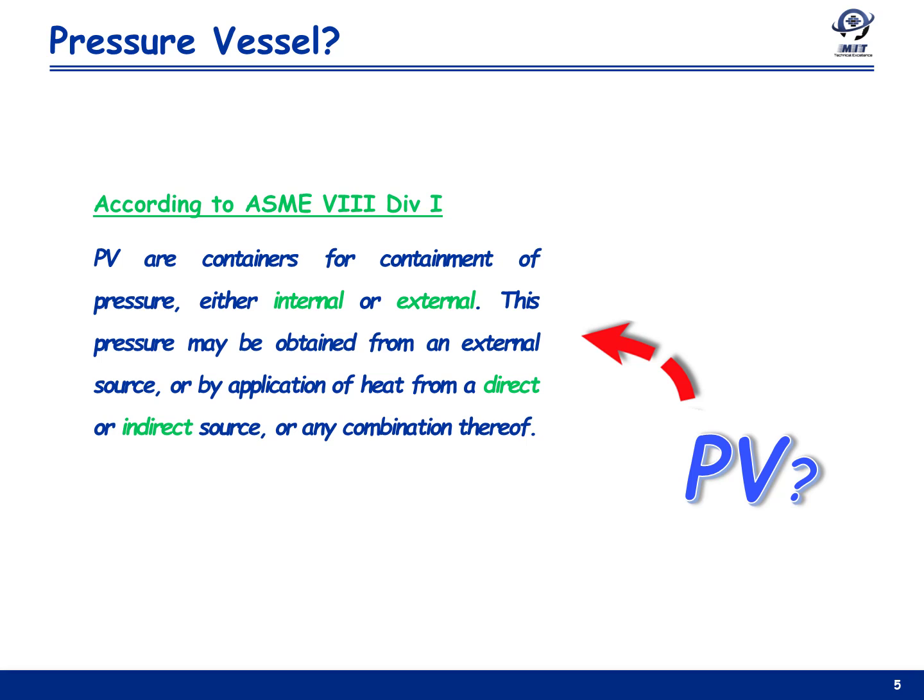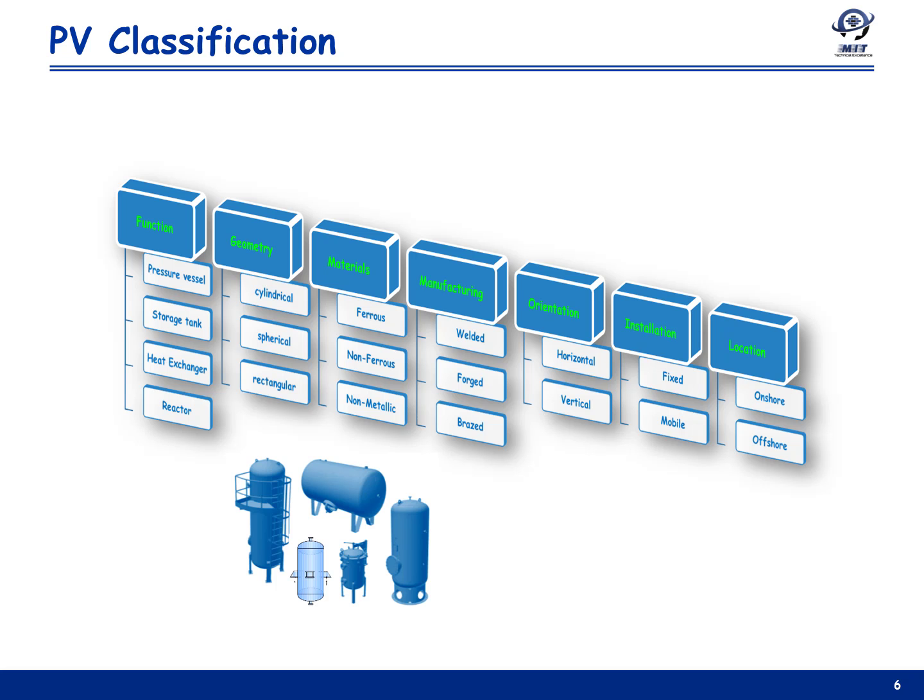So, the source of pressure can be internal, that is, through the pressurized fluid contained inside this vessel, or even external, such as external forces or vacuum outside, or by the application of heat from a direct source, which can be direct firing inside the vessel, or an indirect source, which can be produced through some interaction or some heat exchange.